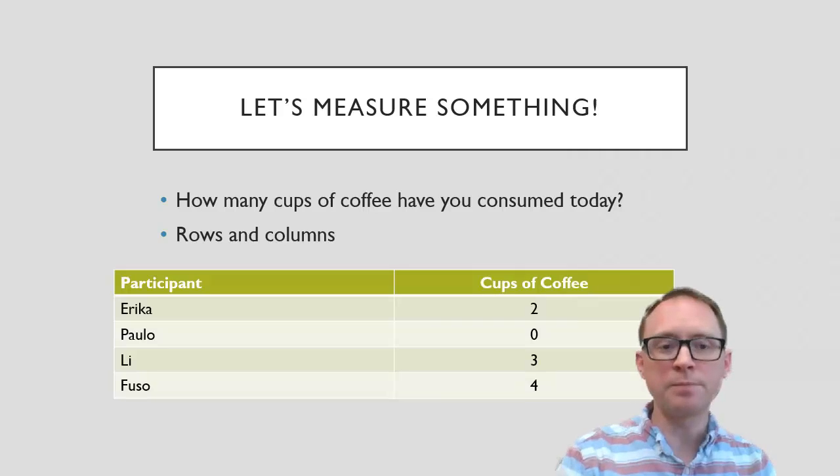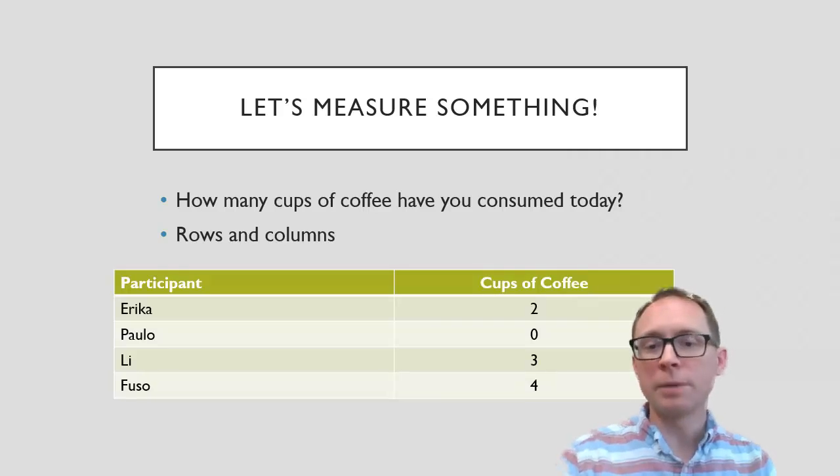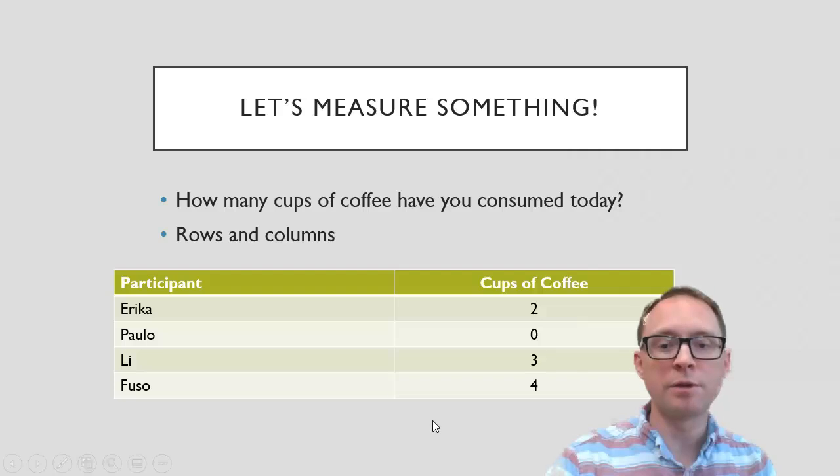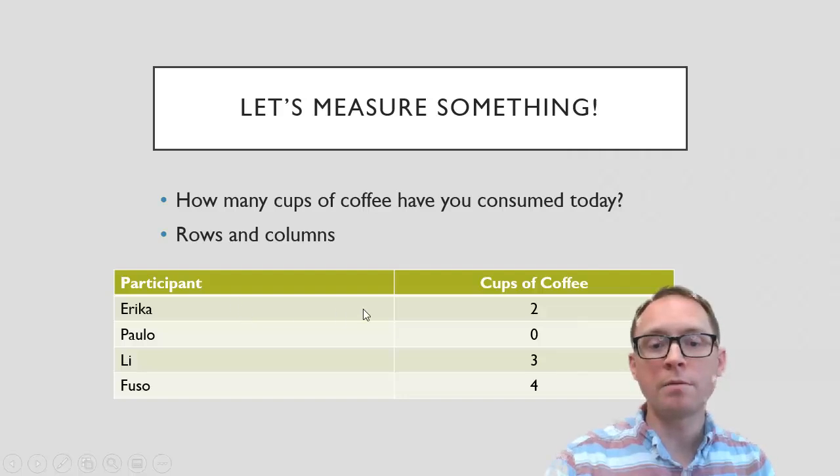So for example, it would look something like this. Here are the different participants: Erica, Paulo, Lee, and Fuso. Erica consumed 2 cups of coffee, Paulo consumed 0, Lee consumed 3, etc. So the participant would be one column, and the number of cups of coffee would be another.